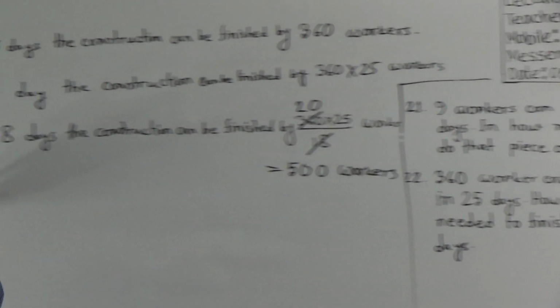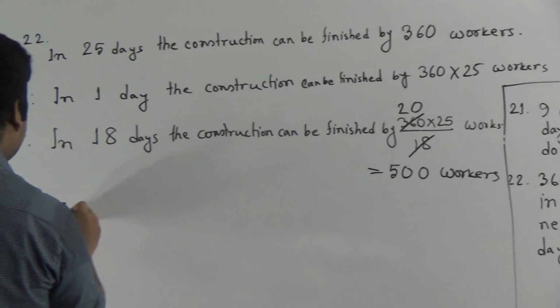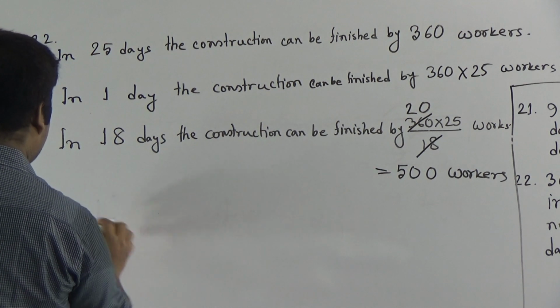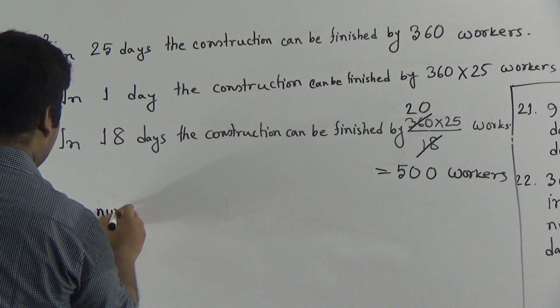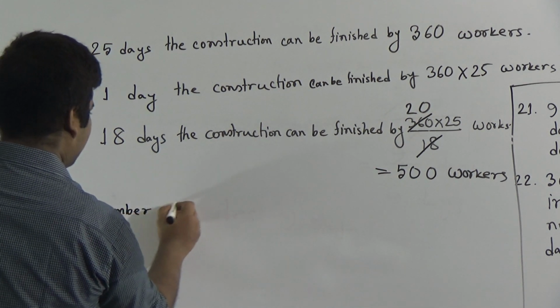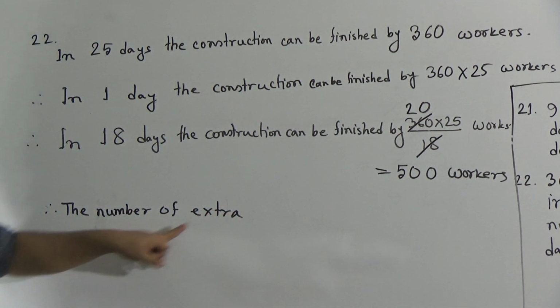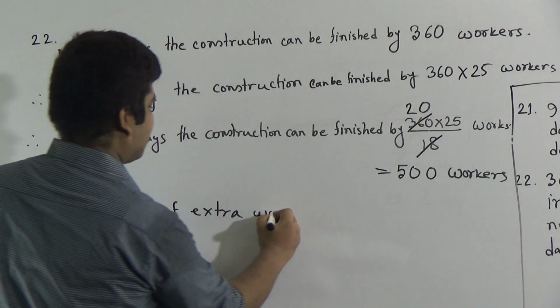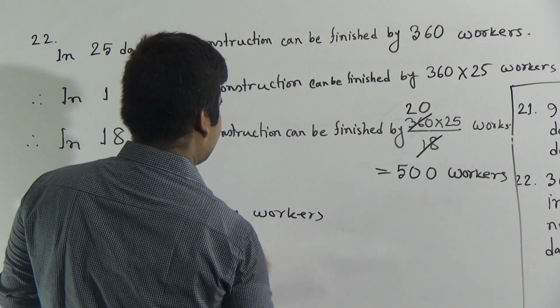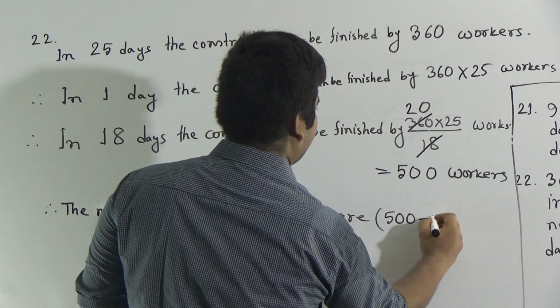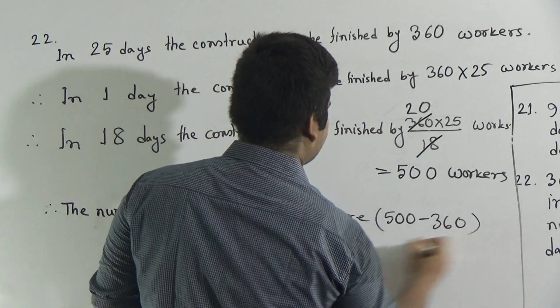So now we write: the number of extra workers are 500 minus 360.